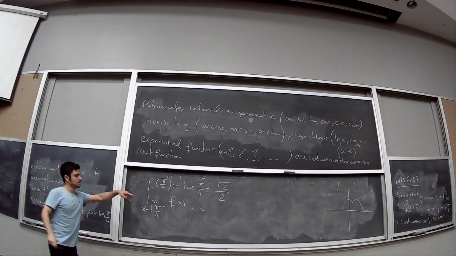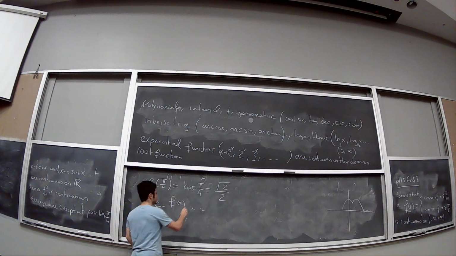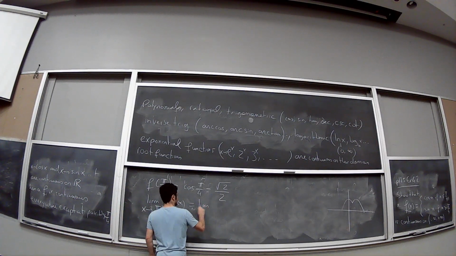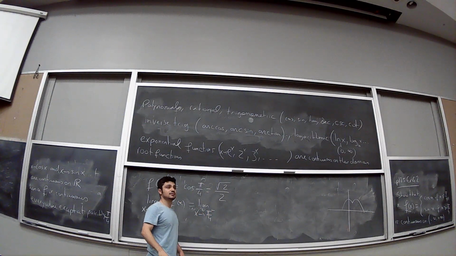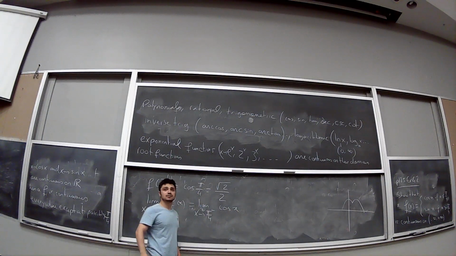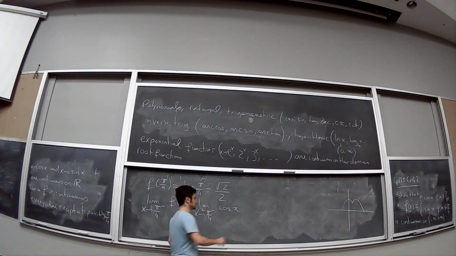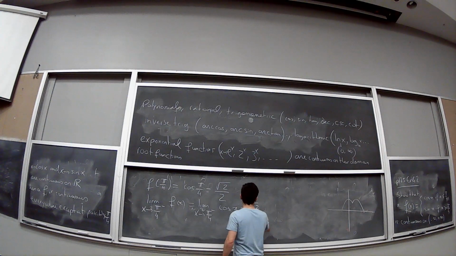Now if x is less than 5/4 and approaching 5/4 from the left, what is f of x? Cosine x. Now is cosine continuous? Cosine is continuous. So what is this limit? This is also √2/2, right? Everybody? Yes.